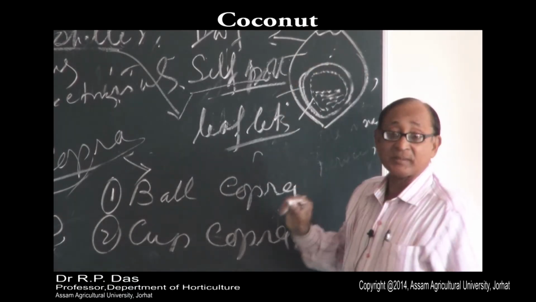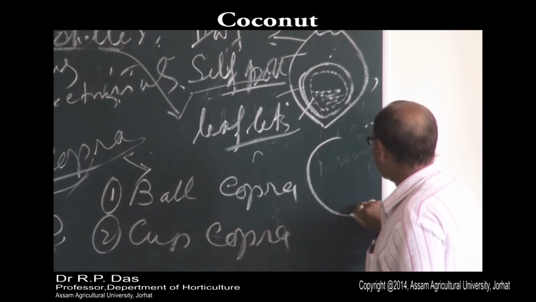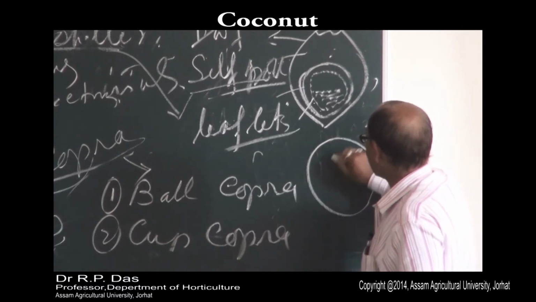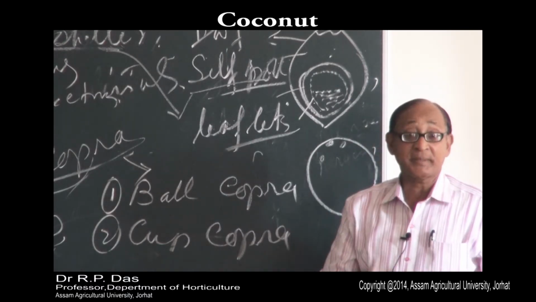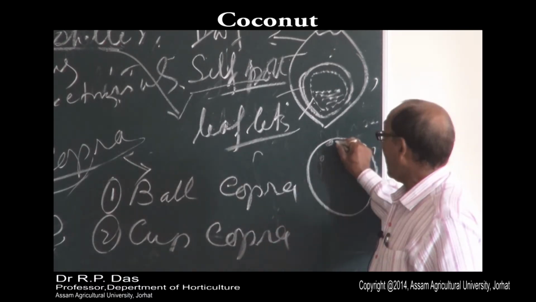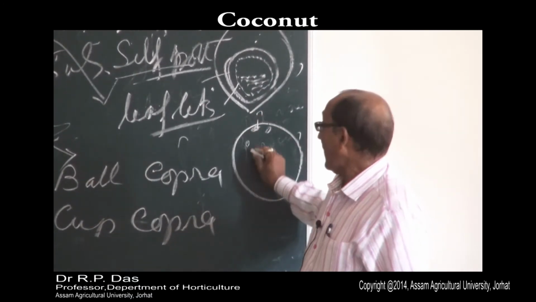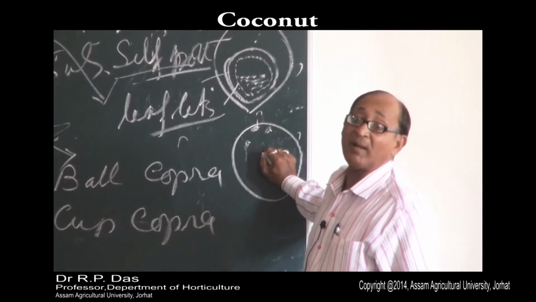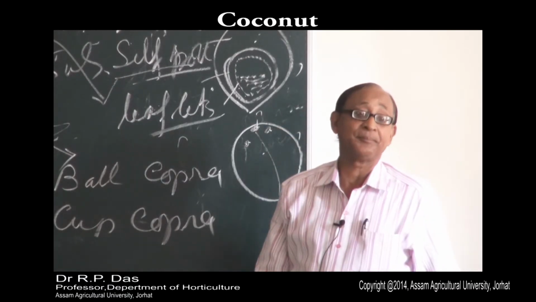You remove the husk, then what happens? You will get a round shaped, ball type structure with three eyes, tricarpellary in nature. One eye is broader and soft, having the embryo, and the other two eyes are non-functional. So that's why there are three ridges.